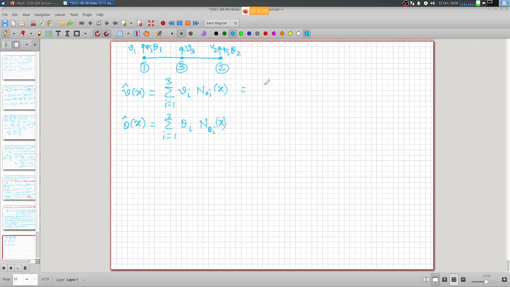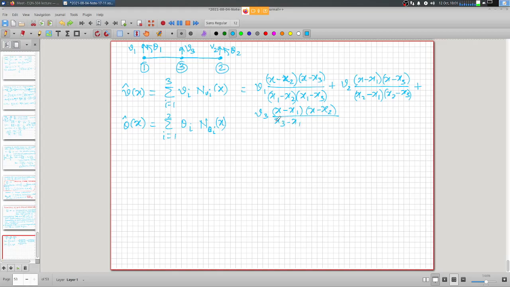So this will be equal to V1, and I can write here the Lagrange interpolation: (x minus x2) multiplied by (x minus x3), divided by (x1 minus x2) multiplied by (x1 minus x3), plus V2 (x minus x1)(x minus x3) divided by (x2 minus x1)(x2 minus x3), plus V3 (x minus x1)(x minus x2) divided by (x3 minus x1)(x3 minus x2).